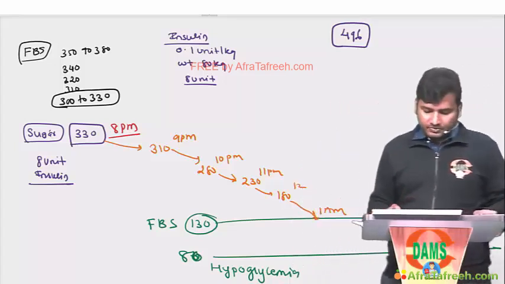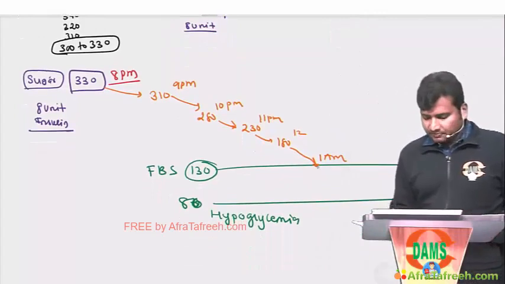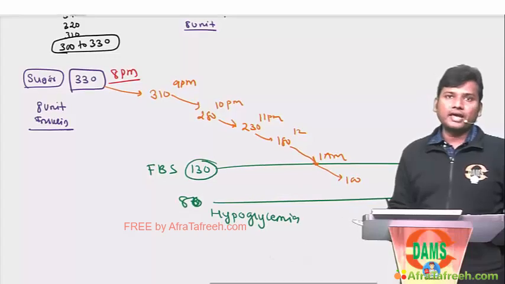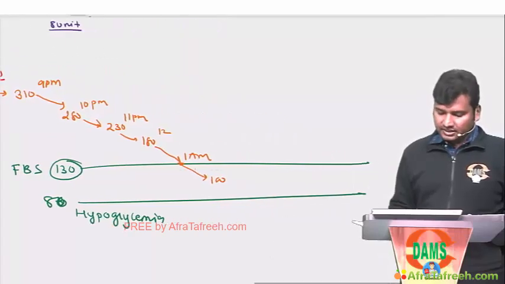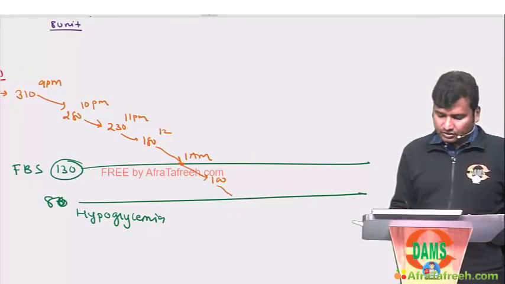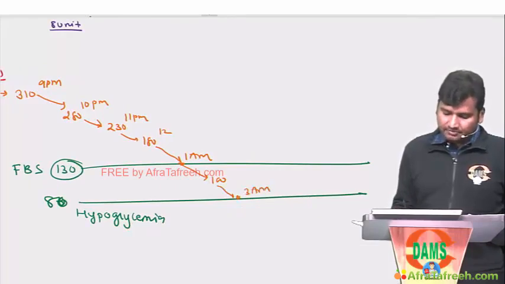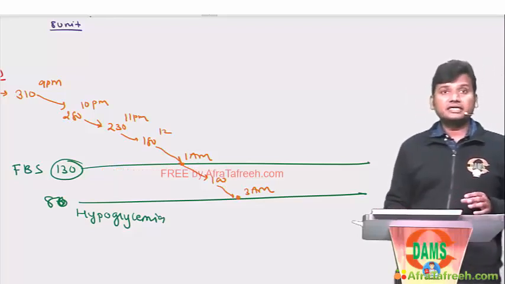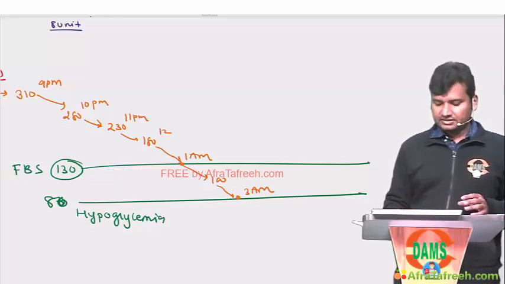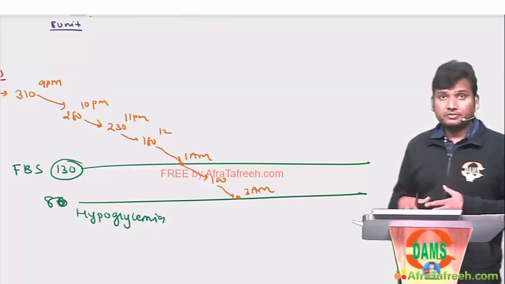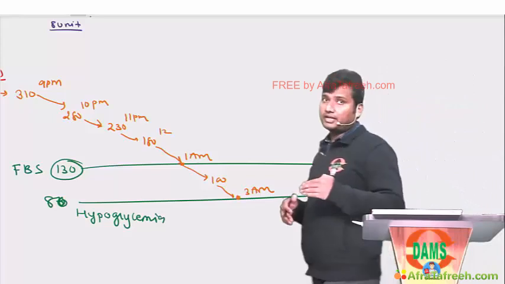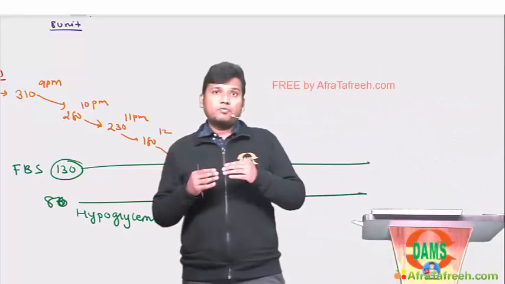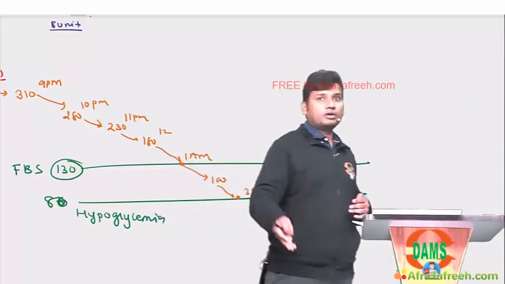But after 1 a.m., sugar will decrease and it will become 100 at around 2 a.m. Again sugar will decrease and it is going to touch 80 at around 3 a.m. So at 3 a.m., when the patient is in deep sleep, sugar is around 80, and hypoglycemia is going to develop.